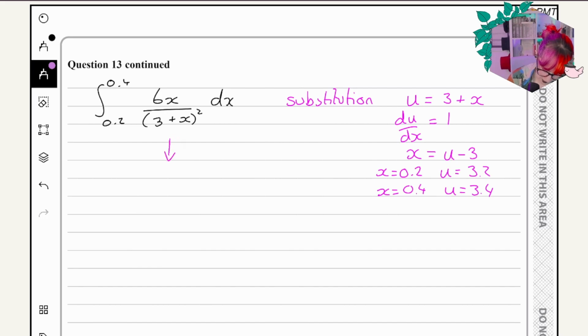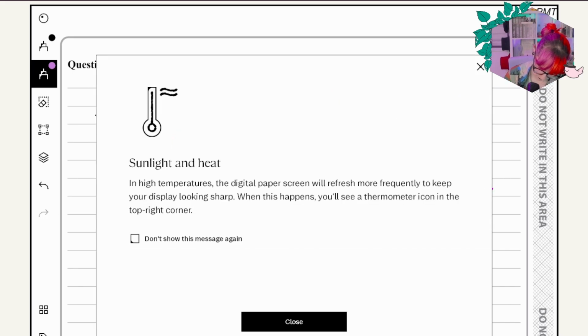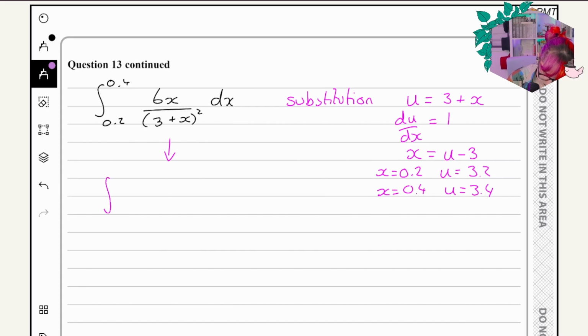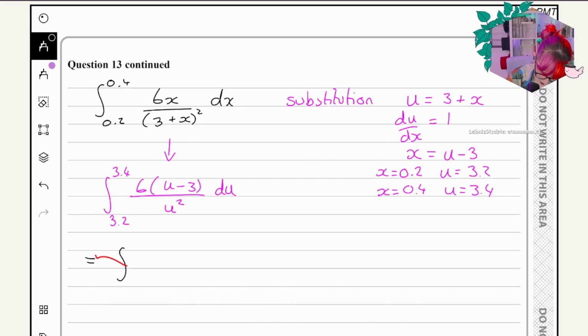Okay, so this thing now becomes the integral from 3.2 to 3.4, because we're now doing integration with respect to u. dx becomes du, over u squared, 6, and x is u minus 3. Nice. Okay, so this integral is equivalent to 3.2 to 3.4, 6 over u minus 3 over u squared du.